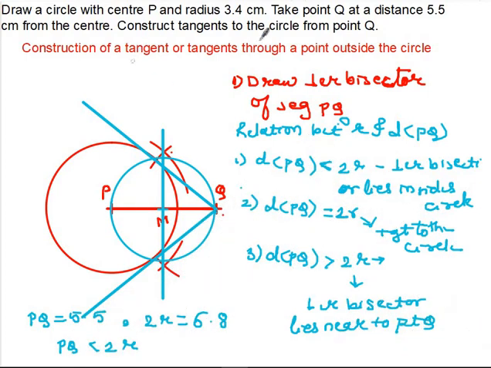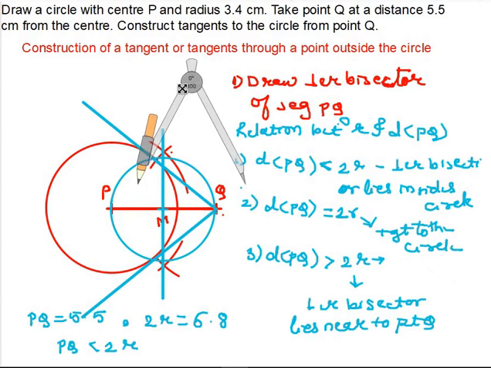The question may come in this way also: draw one tangent. In such a case you just draw a semicircle. If the question is asked for two tangents, you can draw the full blue circle here. But if only one tangent is asked, you can draw one semicircle also, no problem with that. And the second thing, a further question may be to measure the length of the tangent.